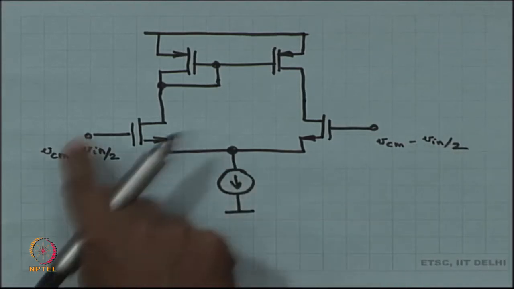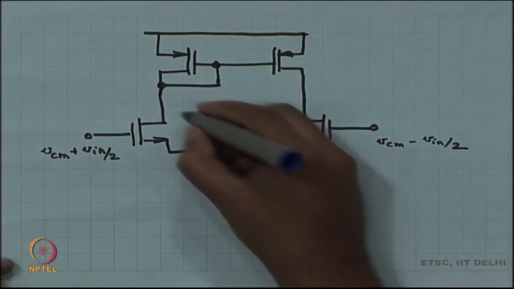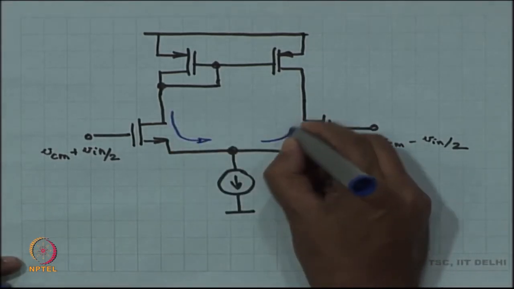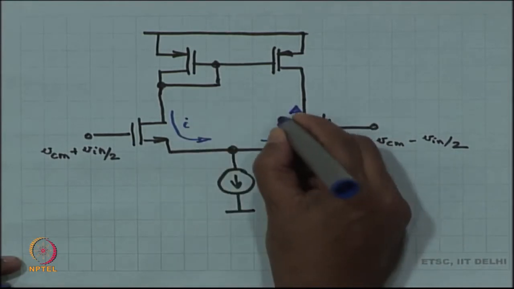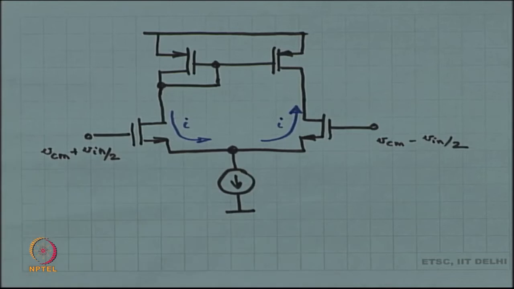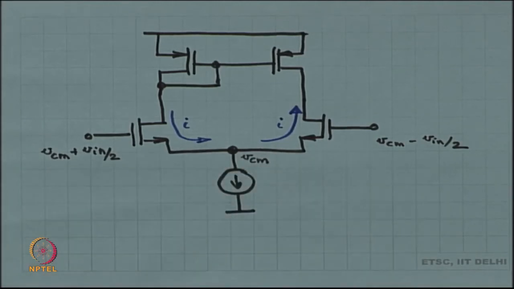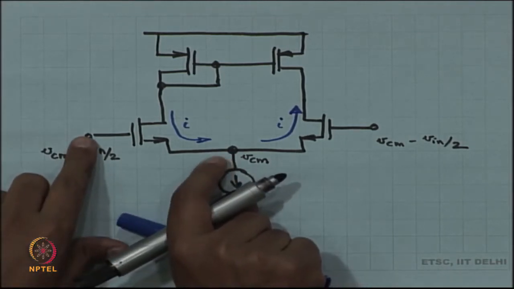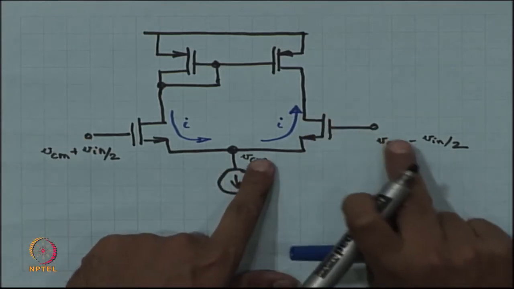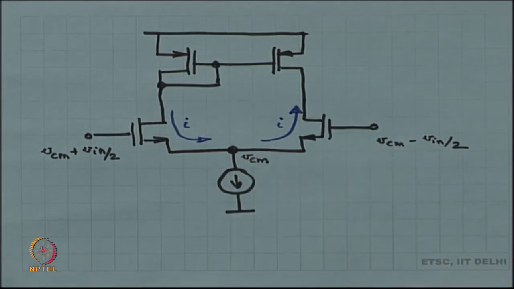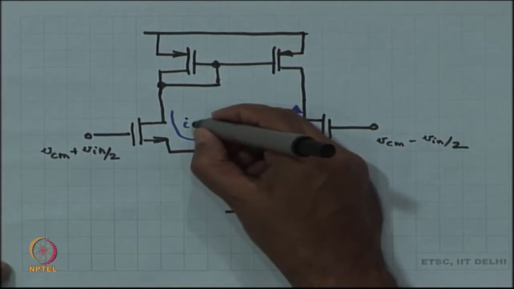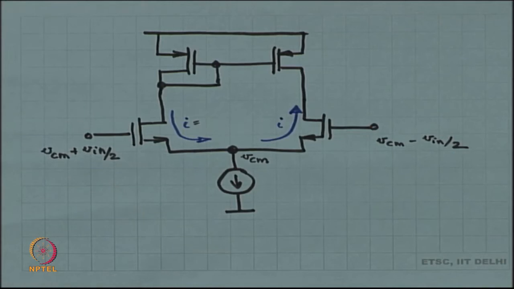Then in the last class we solved a little bit. We did a little KCL and figured out that if this is I and the same I has to go the other way, because the current source does not take any signal current, then the voltage over here will be exactly equal to VCM, which means V in by 2 drop will be created here, minus V in by 2 drop will be created across the other VGS, and I will be equal to GM times V in by 2.